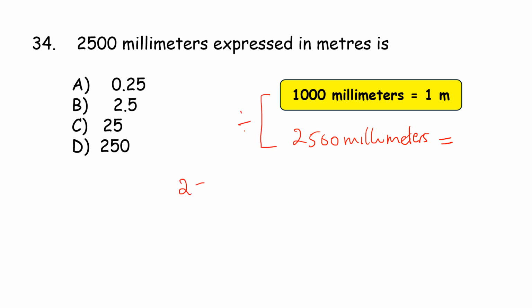We divide 2500 by 1000, and we're going to get 2.5. That is 2.5 meters. We would have moved the decimal point 1, 2, 3 places because we have 3 zeros. So the decimal point will move to there. 2.5 meters. So the answer is B.